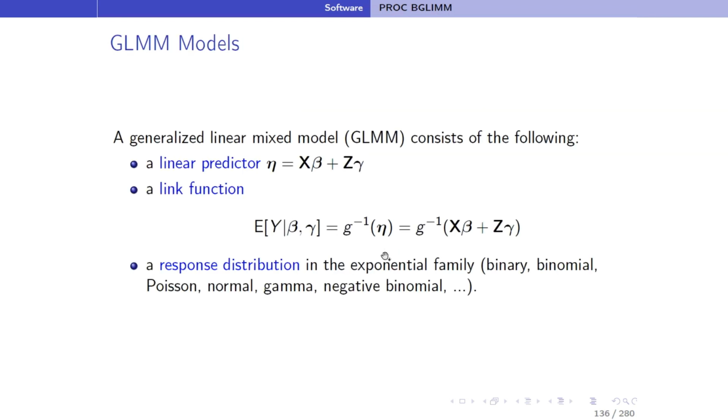In PROC MIXED and PROC GLIMMIX, you integrate out the random effects to get the marginal likelihood, and you maximize to get the solution for beta, G, and the residuals R, and that's how you do estimation and inference. Typically, normal approximation, Gaussian quadrature, and so on and so forth.